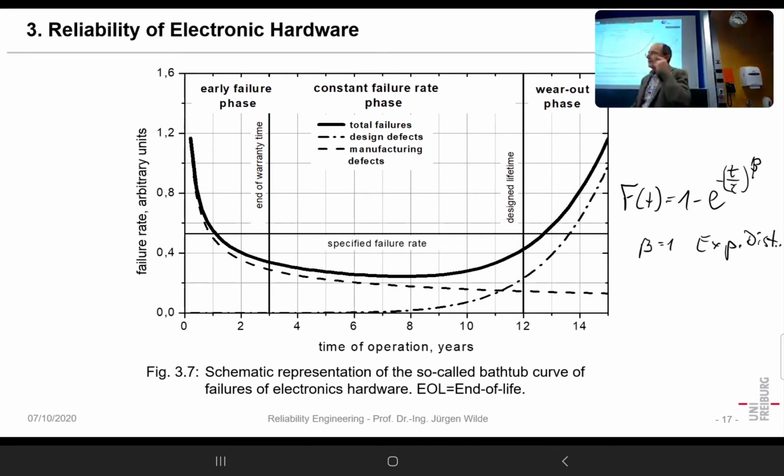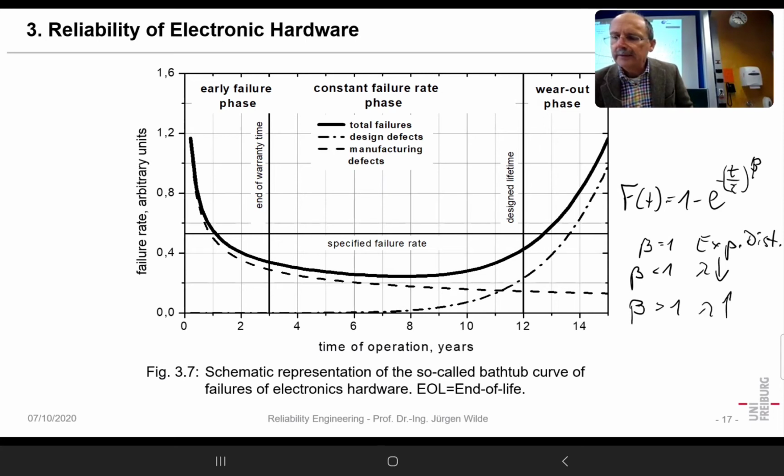When the beta is smaller than 1, the failure rate goes down over time. And when the beta is larger than 1, the failure rate goes up.